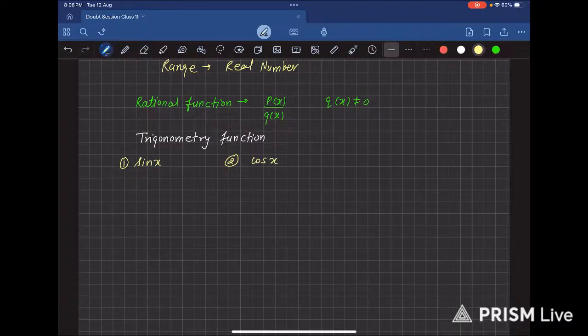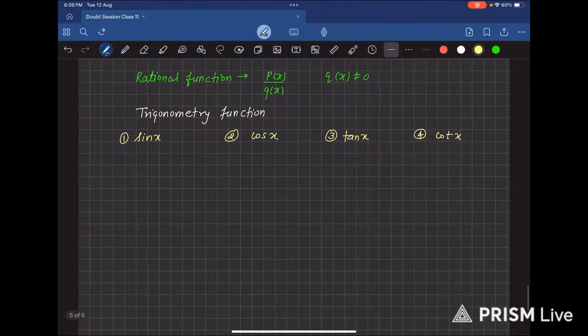The third one is tan x, and the fourth one is cot x. Fifth one is cosec x, and the sixth one is sec x. If you are understanding, please write in the comment box and give a like.